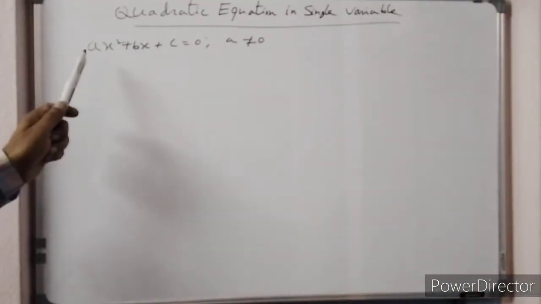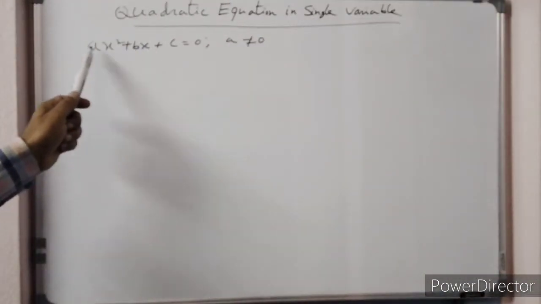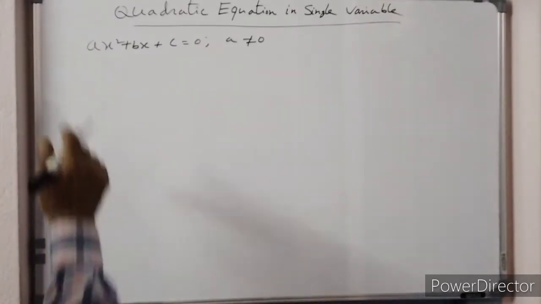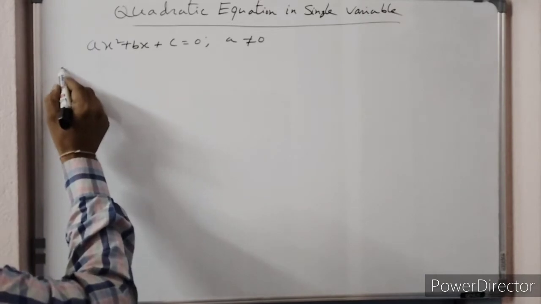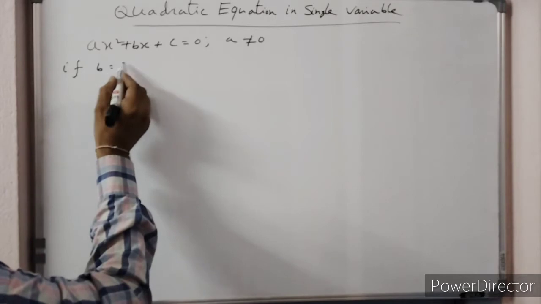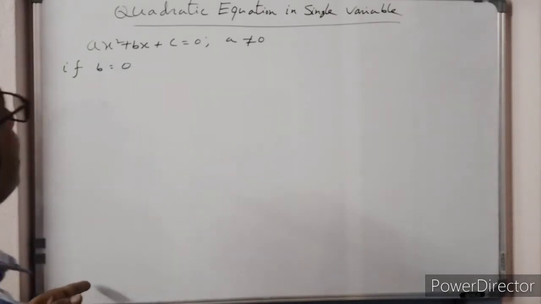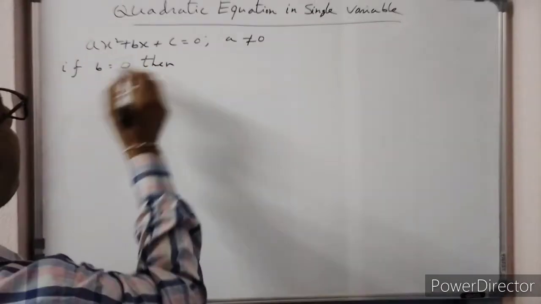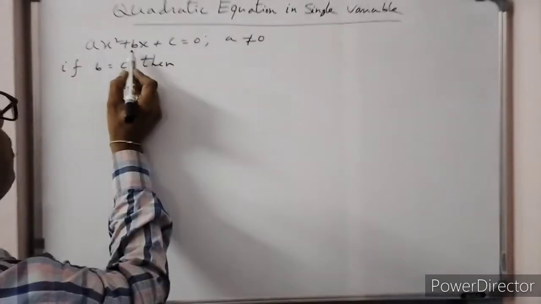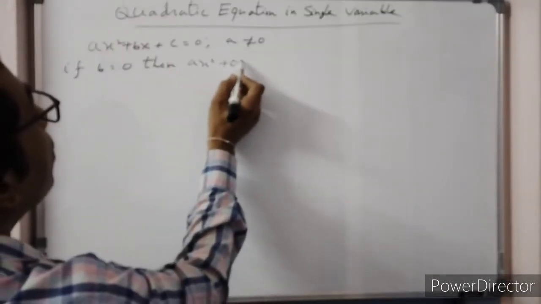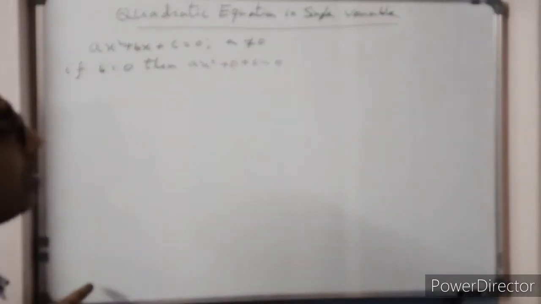Next, suppose the general form of quadratic equation is ax square plus bx plus c equal to 0, a not equal to 0. Now the roots of the quadratic equation. Suppose if b equal to 0, then what happened? 0 into x is 0, so ax square plus 0 plus c equal to 0.